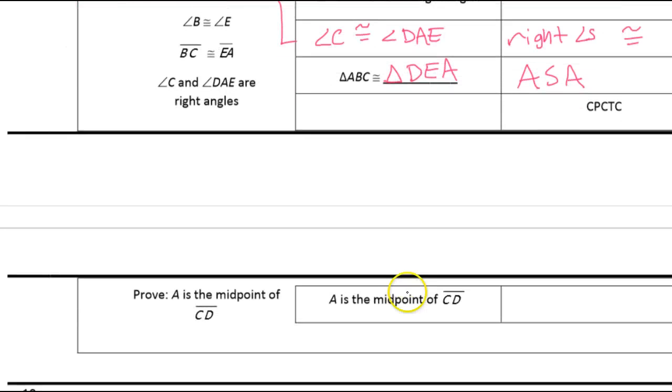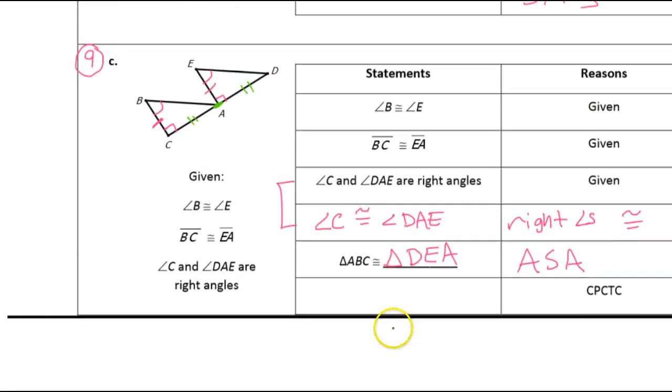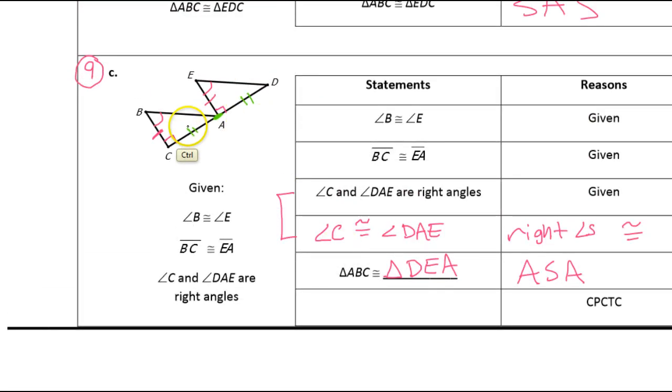So before we can get to A being the midpoint, we first must have these two segments being congruent. So that's what we need to write down. CA is congruent to AD. And they were very nice and gave us the reason, CPCTC.